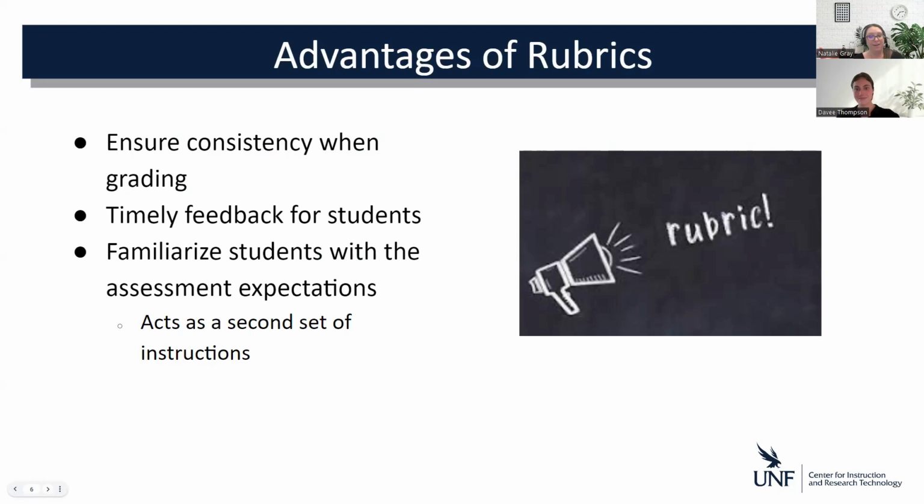If you are lucky enough to have a grader, a TA, or a grad assistant who helps you grade, you're also going to have consistency amongst yourself and your support team, in that the rubric is going to already contain the items you're looking for in each grading criteria and each rating. So your graders already know what it is you're looking for, and therefore, they're going to grade closer to what you're going to grade.